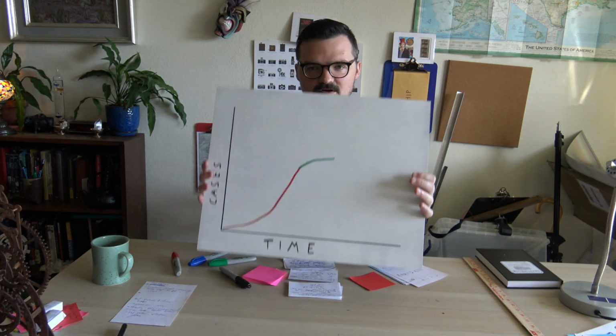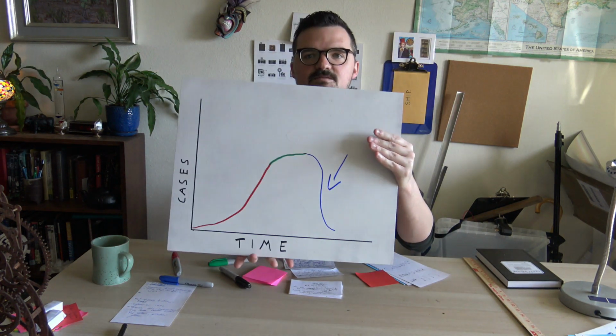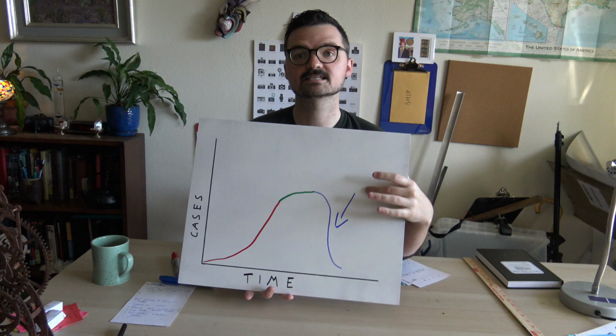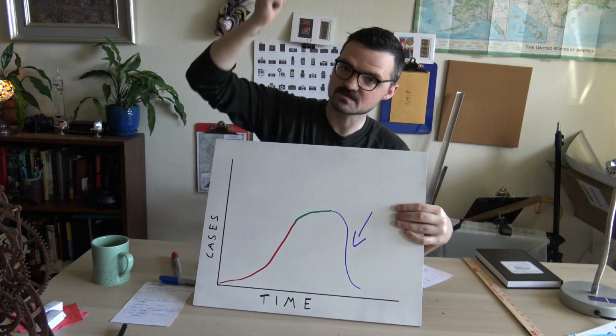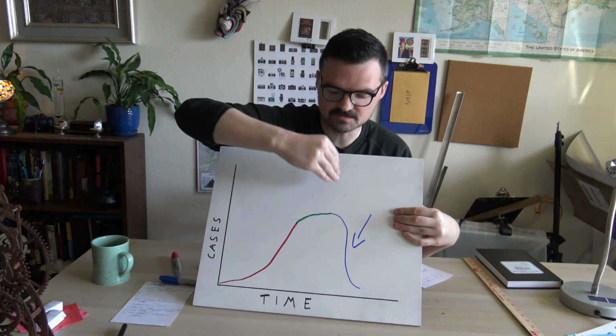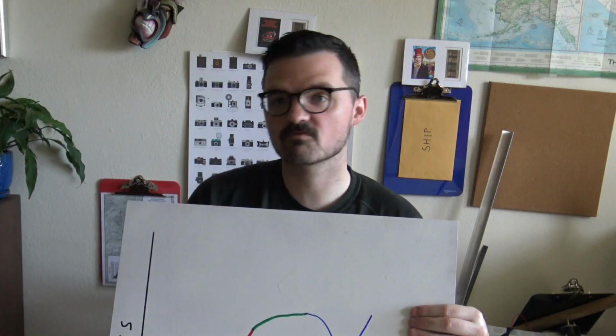So what is the hammer? The hammer is the blue line I'm about to draw. And this precipitous decline here, this is the hammer, right? It literally is as the name sounds. It is lowering the hammer. What we want to do is immediately stranglehold the virus.